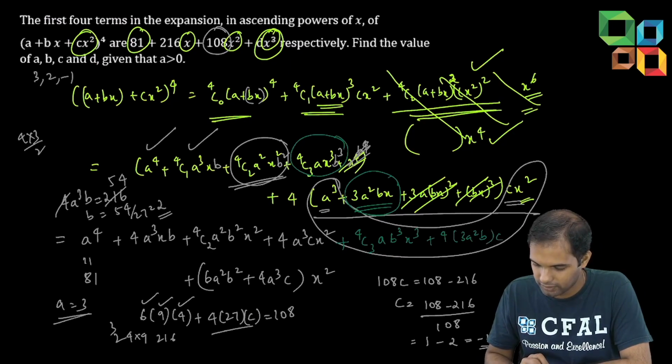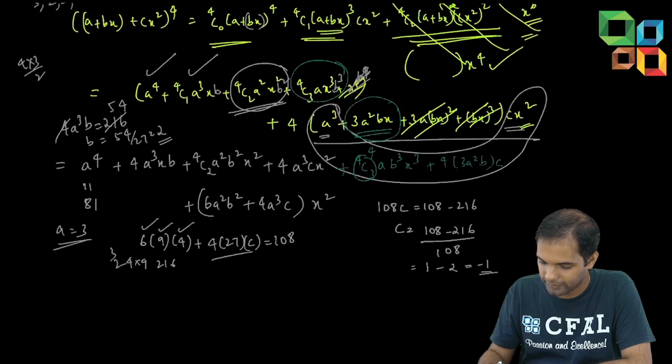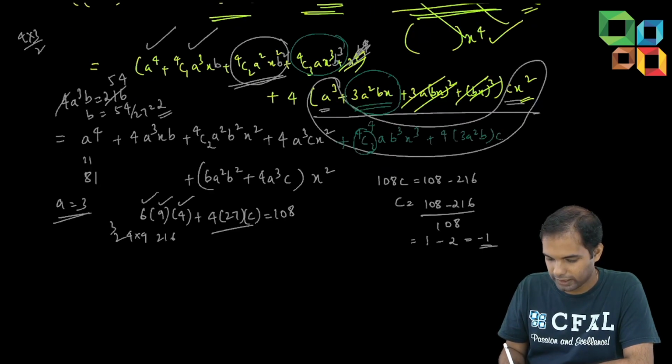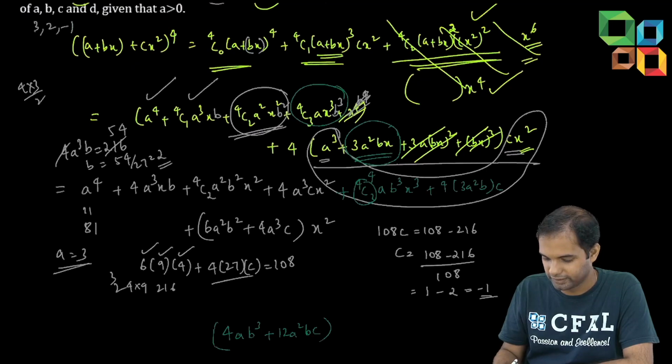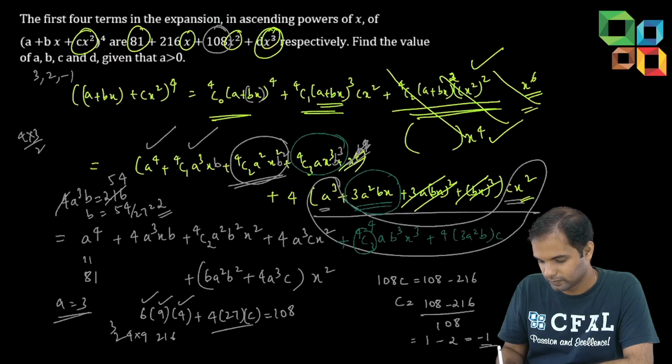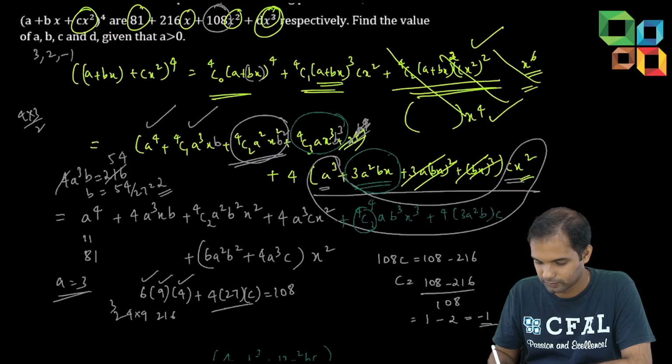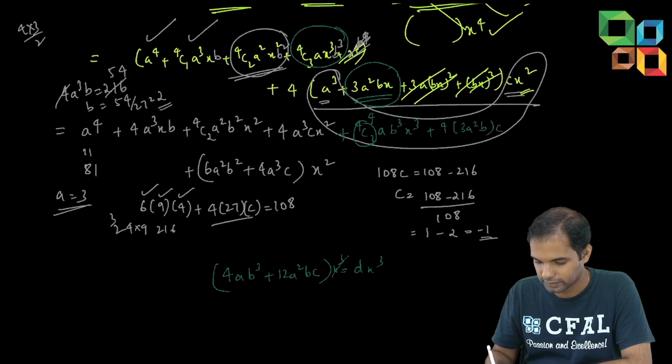Again, 4c3 is nothing but 4. So let me just simplify. 4ab cube plus 3 into 4 is 12 a square bc. This is equal to d. This is the coefficient of x cube. dx cube should be equal to this.